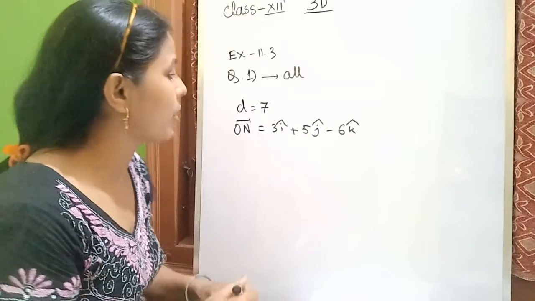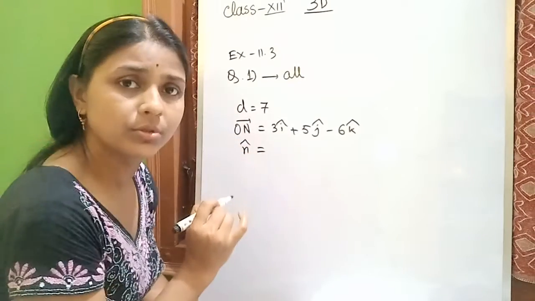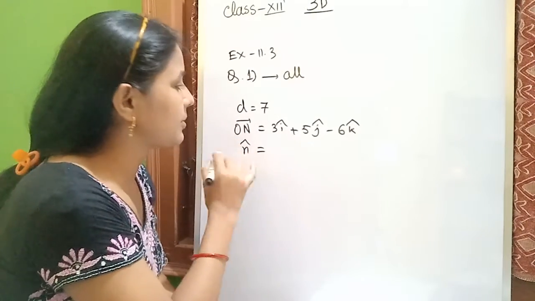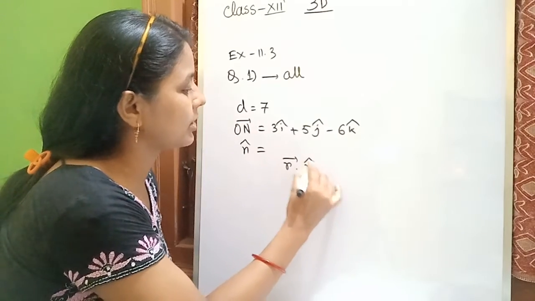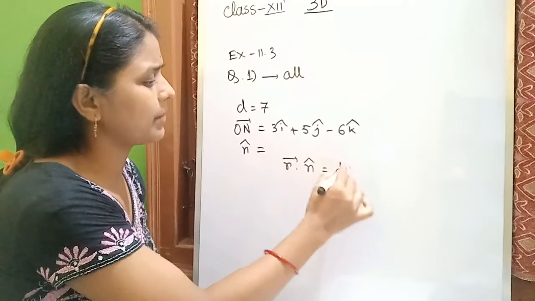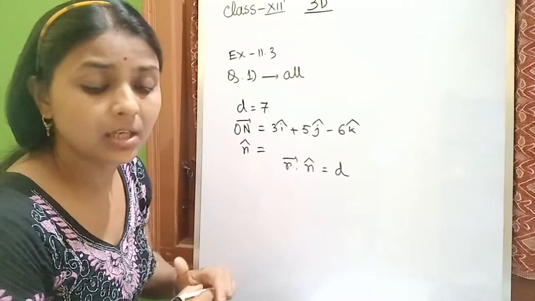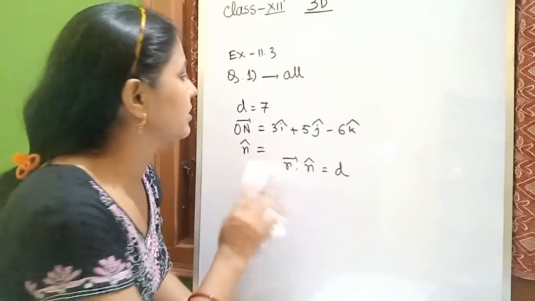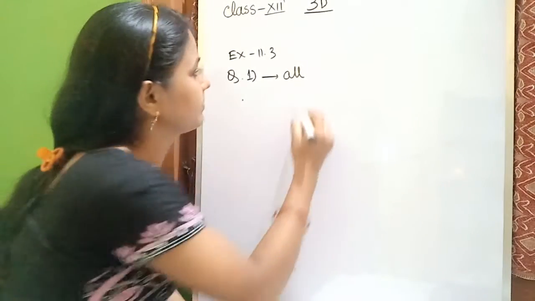In normal form, OM vector is given, that means n cap can be found. Once n cap is found, you all know that the vector equation will be r dot n cap equals D, and by putting the values you can get the required equation. So question number 2 also can be done.